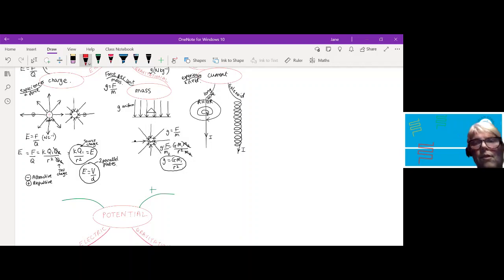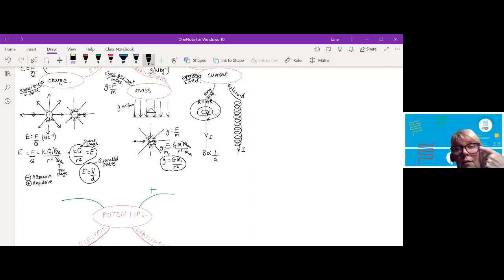So I'm just going to use a different colour to distinguish. This is the distance from the current, and this is given by a. And so the B field, magnetic field, is proportional to 1 over the distance from the current.